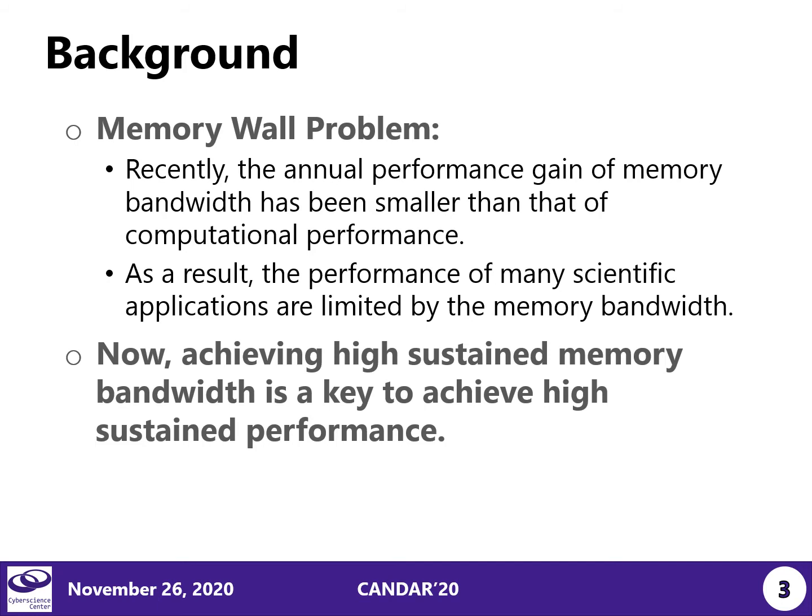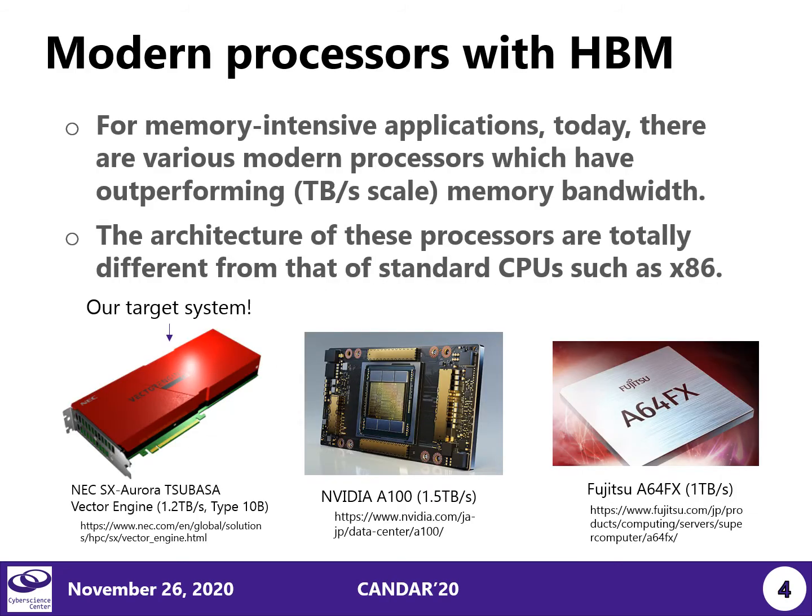As a result, today, in order to achieve high sustained performance, one of the most important requirements is to achieve high sustained memory bandwidth. To meet the demand for high memory bandwidth, some latest processors are equipped with high bandwidth memory.